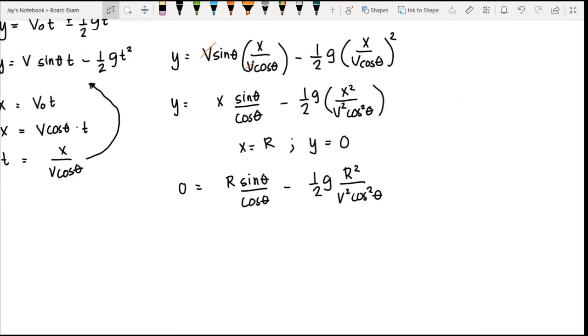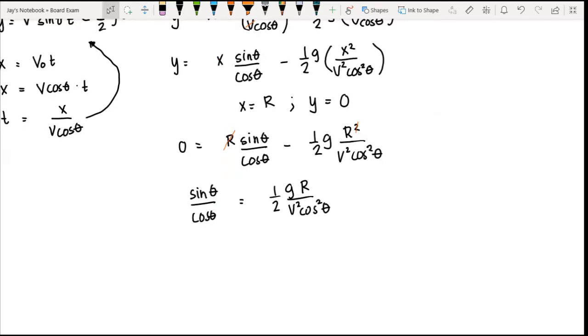But we can cancel r further. We can cancel this r at this point as well. So we would have sine theta over cosine theta equals 1/2 g r over v squared cosine squared theta.